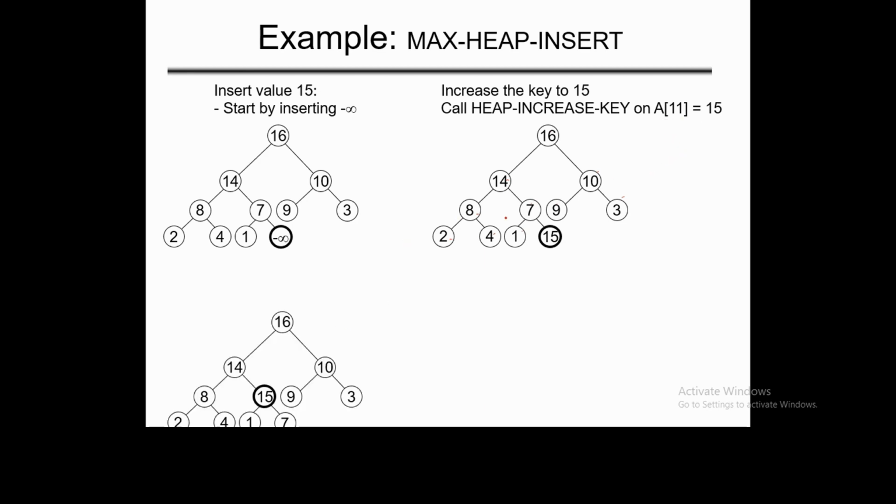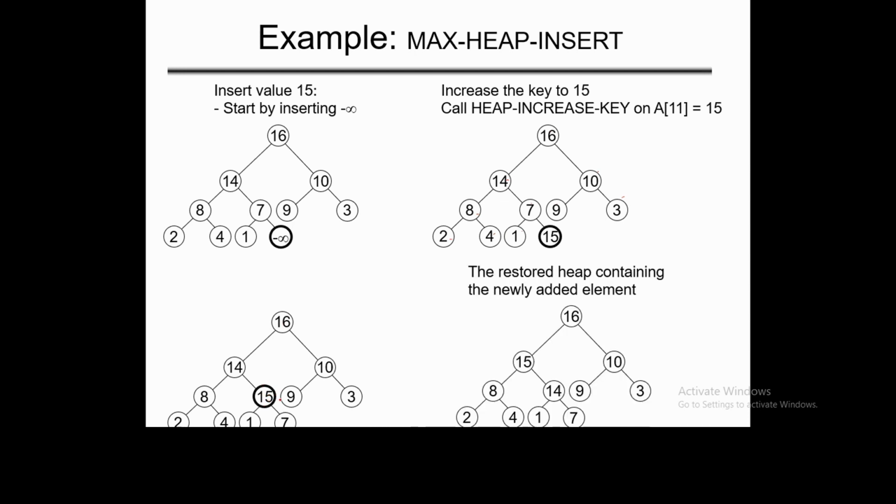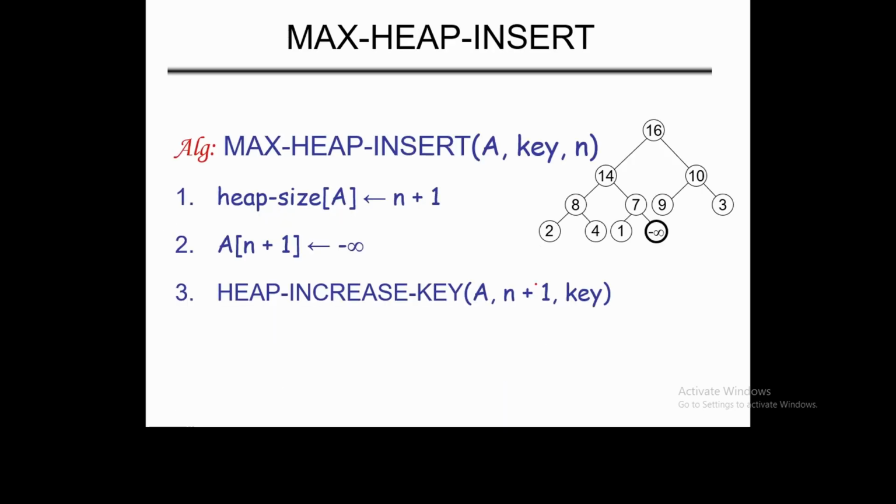Then the properties of the heap will be restored by going towards the root and placing this new key at its appropriate place. So now we have restored the heap containing the newly added element, and we have satisfied all the properties of the max heap. So this is basically the operation of max heap insert, and this is the algorithm for max heap insert.